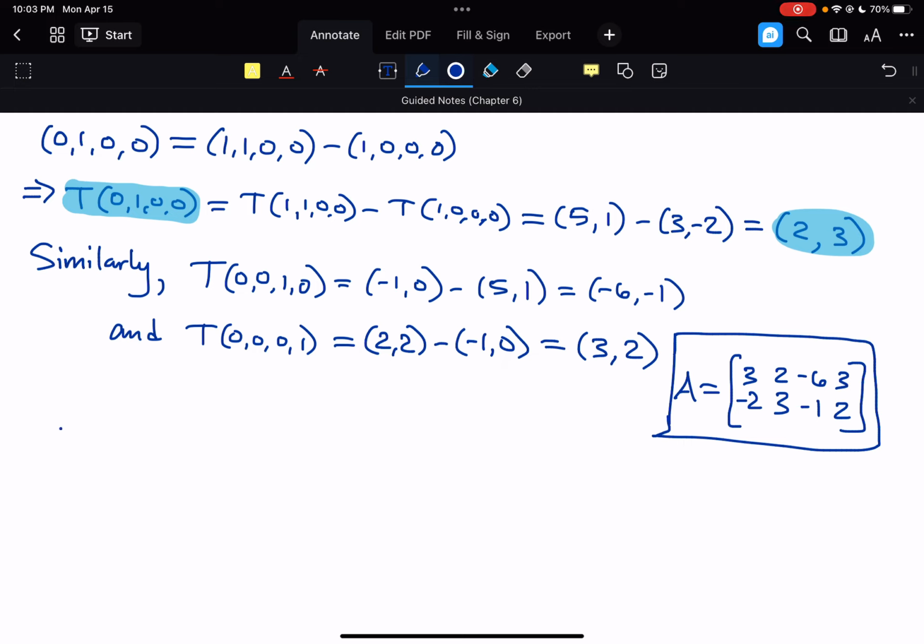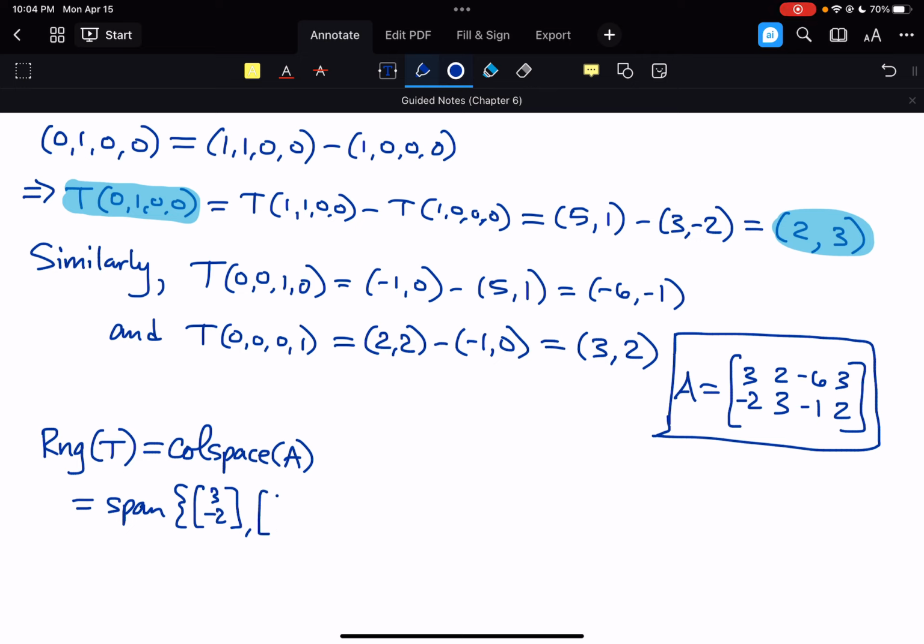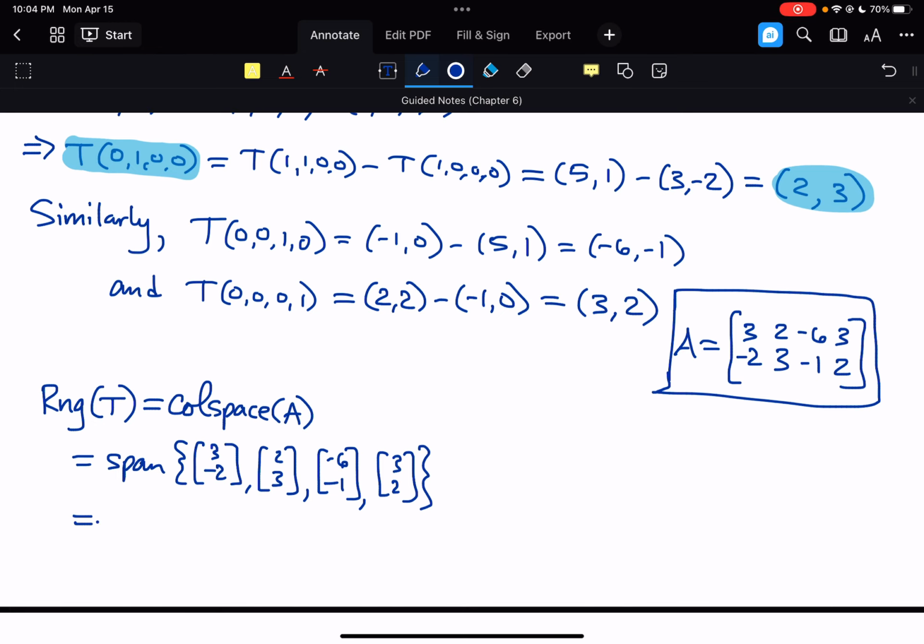For the range of T for this matrix transformation, that is the column space of A, so that's the span of all of the column vectors, 3, negative 2, 2, 3, negative 6, negative 1, and 3, 2. These vectors do span all of R2.